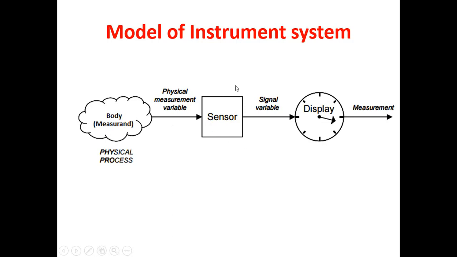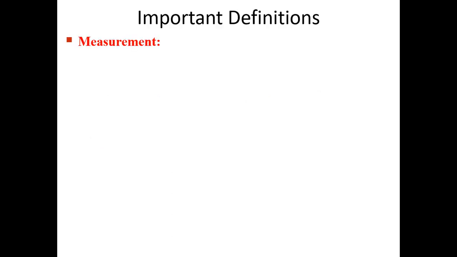The first piece of instrument for this measurement is the sensor, which converts one form of energy to another, and the output is normally called the signal variable. This signal variable can be shown on a display device, or connected to an instrumentation system or any other kind of recording system.